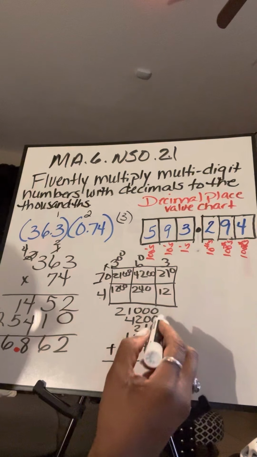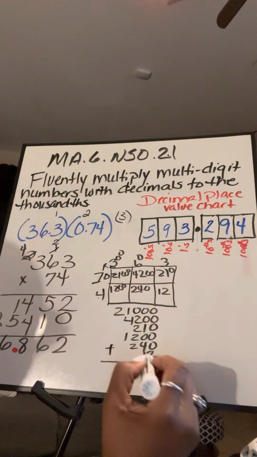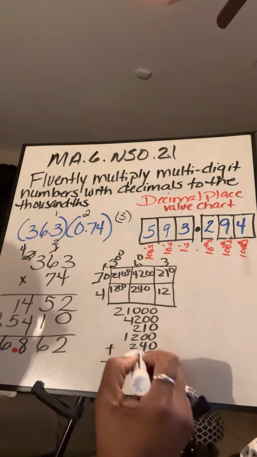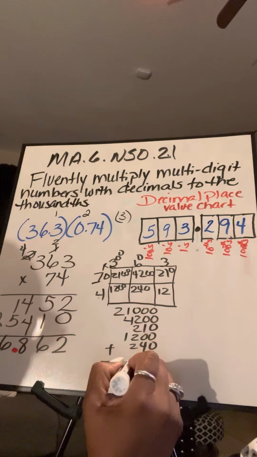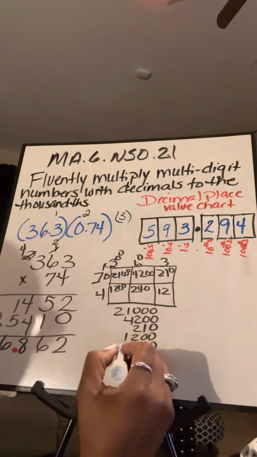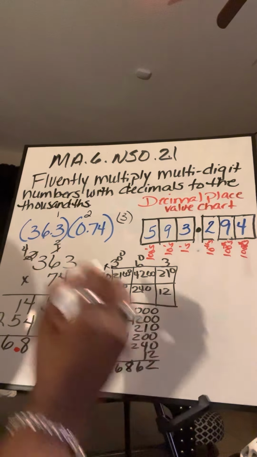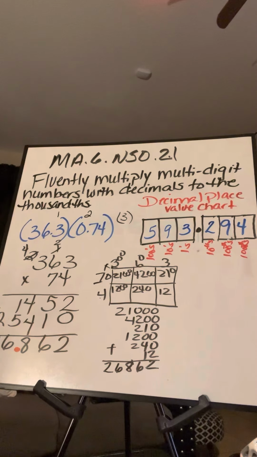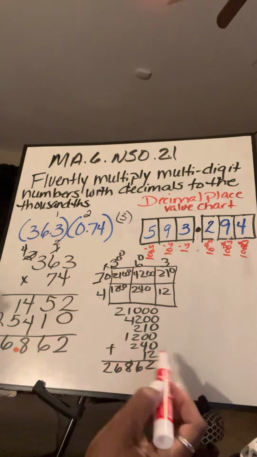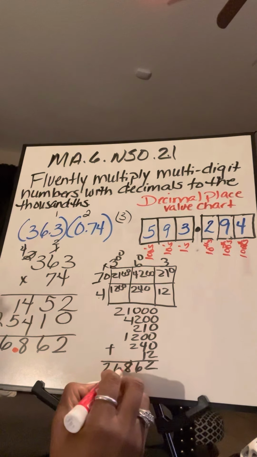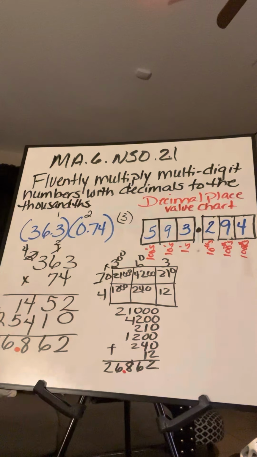So then I add. So now I have 2, 5, 6, 2, 4, 6, 8, 4, 5, 6, 2. And then again, I put my decimal 3 places. 1, 2, 3. I'm going to put my decimal here.